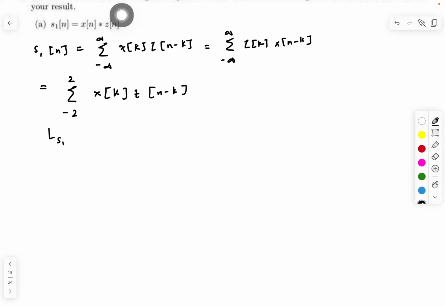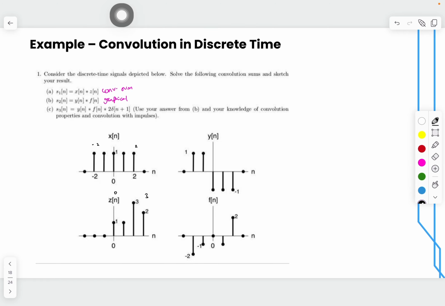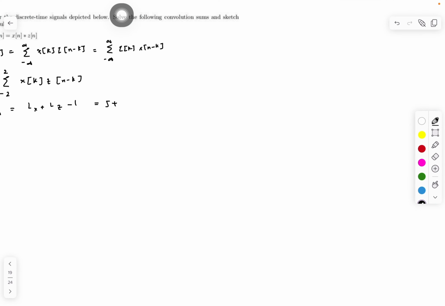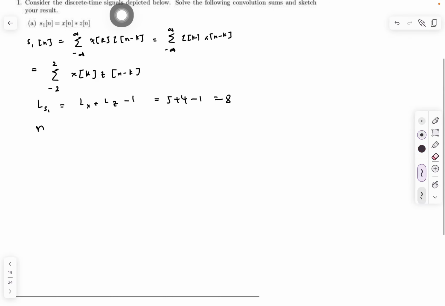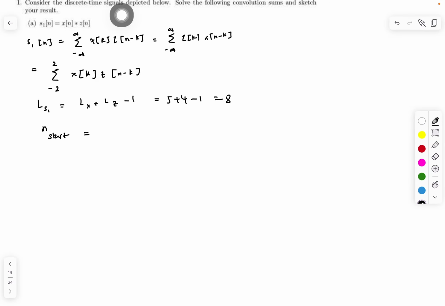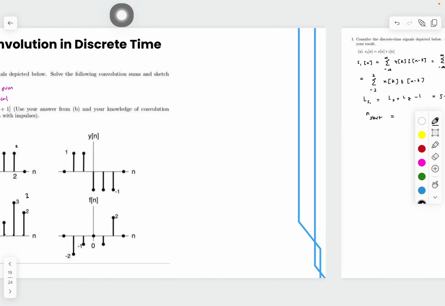Next, we use the length formula to find the length of the output signal. So the length of s1 is going to be the length of x plus the length of z minus 1. The length of x is 5, and z has 4. So it's 5 plus 4 minus 1, which is equal to 8. And then we need to find the start and ending index of n. The starting index will be the start of x plus the start of z.